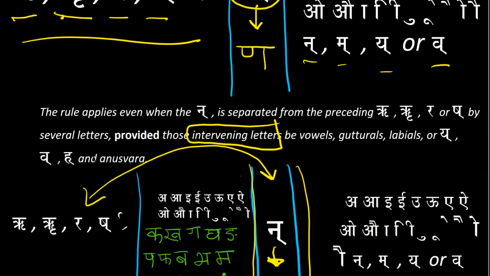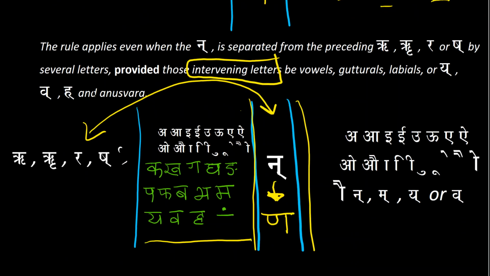And that rule still applies if you have intervening letters between the na and your ri, ra, and sha, as long as those intervening letters are vowels, gutturals, labials, ya, va, ha, or an anuswar, then it's okay.